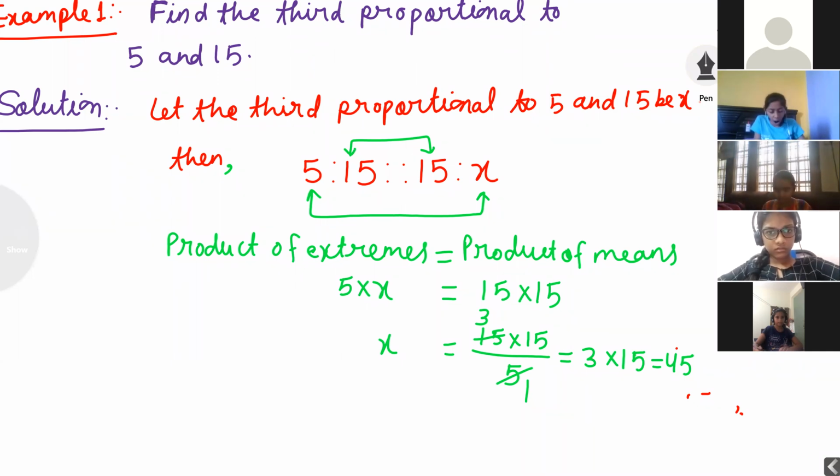Don't confuse. Many students have a lot of confusion: what is third proportion, what is mean proportion? Mean proportion means I always take x in the middle, and third proportion means I take x at the last. Note down, everyone.